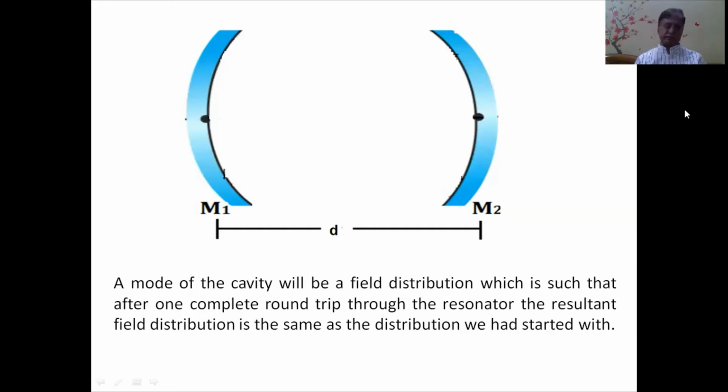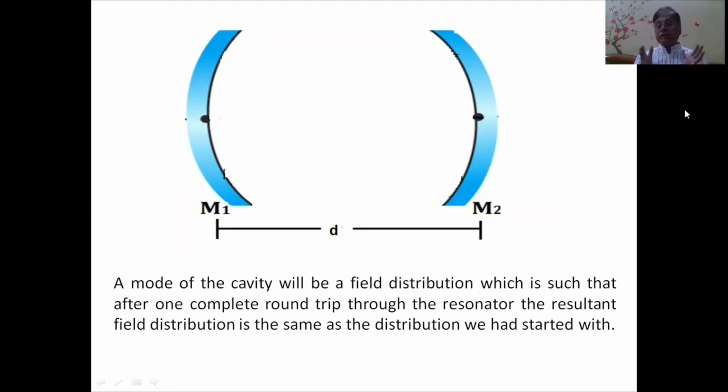So when it moves between the two mirrors, and if a particular field distribution of the beam is repeated in one round trip, then this particular field distribution will be called a mode of oscillation of the cavity resonator. So by mode we mean the repetition of the field pattern.